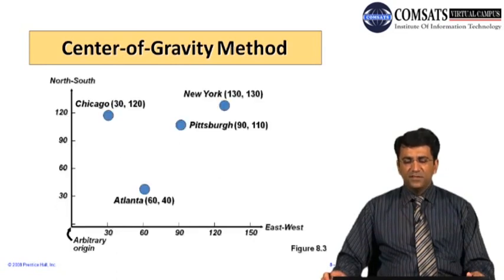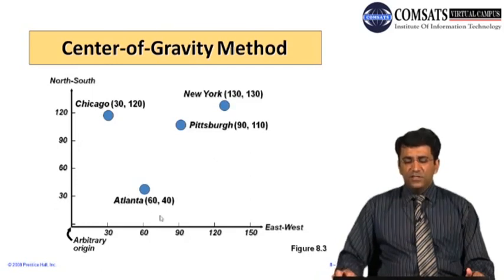Now let's discuss a simple example. Let's again suppose we have 4 different locations with us, and again first of all we'll have to plot these locations on a graph by taking any arbitrary origin and any arbitrary scale. So the scale and the origin should be such that you can easily plot all of these locations in a single graph.